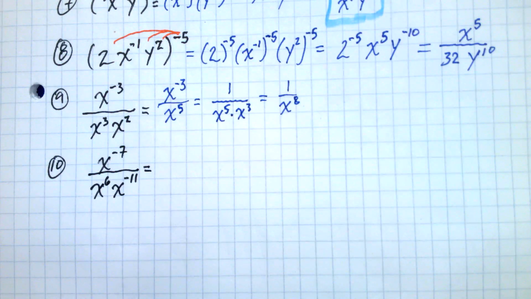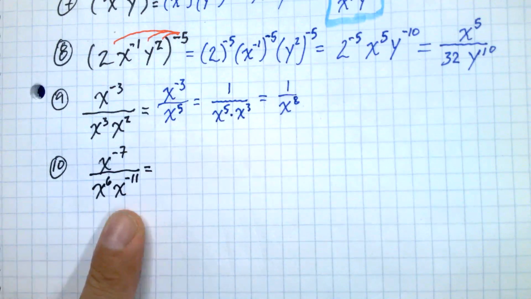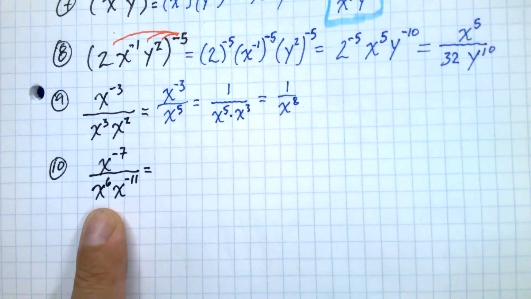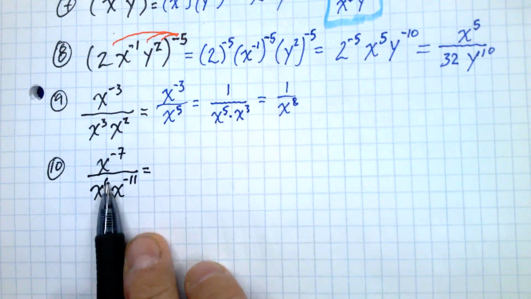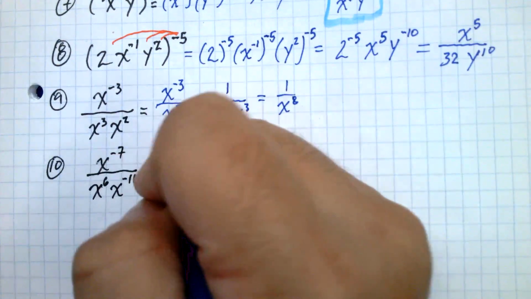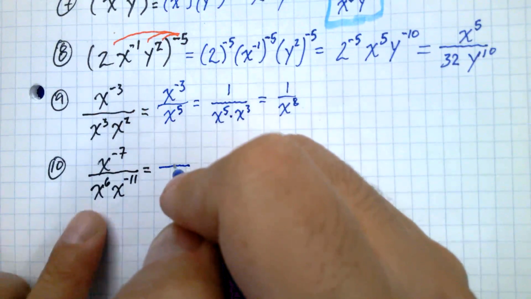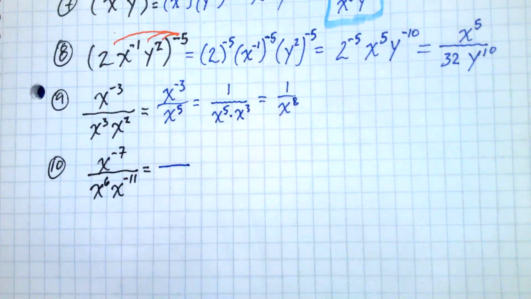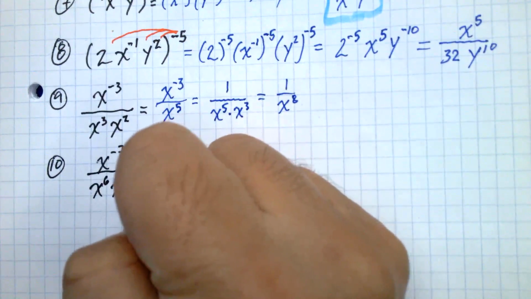So you ready? All right. So obviously we need to take care of the denominator first. We have x to the 6, x to the negative 11. We have to add those. So what's that going to give us? Yeah. 6 plus negative 11 is x to the negative 5.